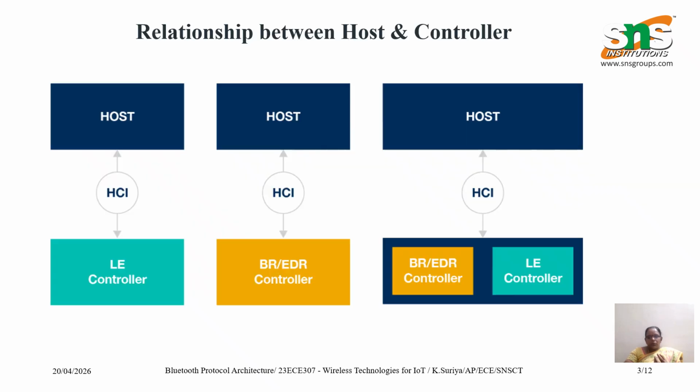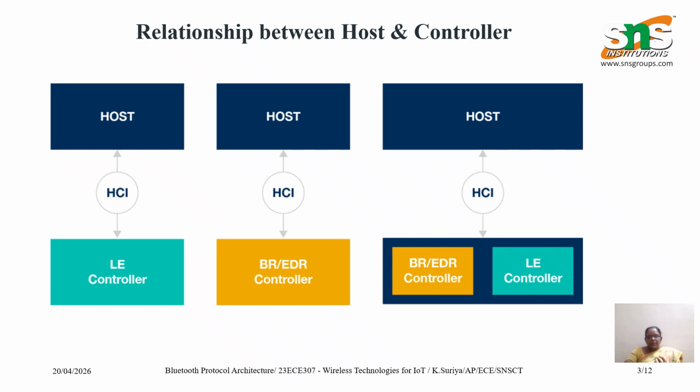So the Bluetooth architecture determines which functions should be operational in an implementation and how they should be organized. First, a Bluetooth device is composed of two types of elements, a host and one or more controllers.